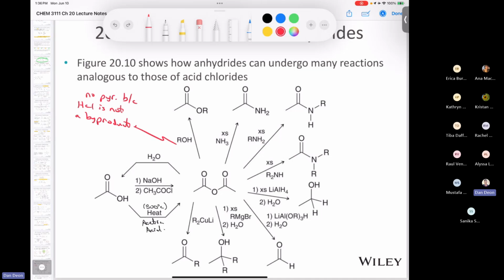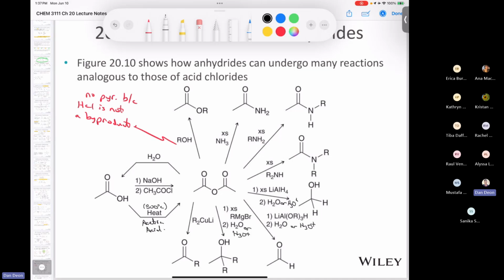If you treat an acid anhydride with lithium aluminum hydride followed by water or H3O+, it reduces to a primary alcohol. If you use lithium tri-tert-butoxy aluminum hydride followed by water or hydronium, you end up with an aldehyde. If you use excess Grignard followed by treatment with water or hydronium, you end up with a tertiary alcohol.